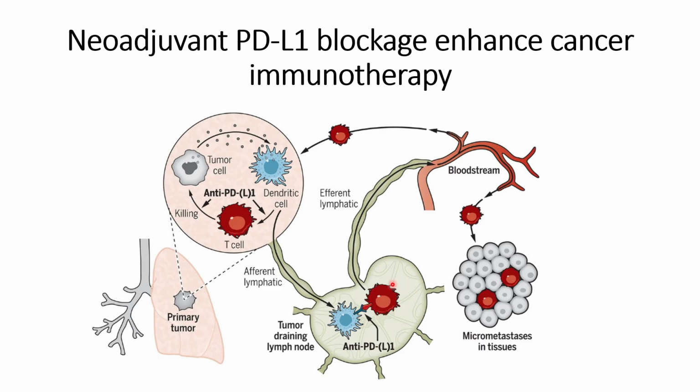These activated T cells will then be able to reach the primary tumor site through the lymphatic and bloodstream, and this will further enhance the anti-tumor efficacy, or the tumor cell killing, in the primary tumor site.